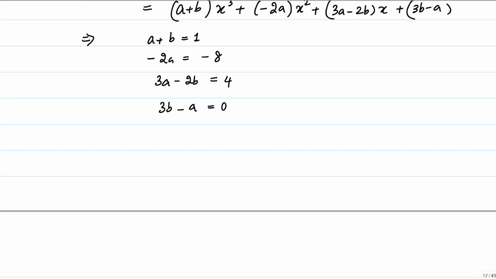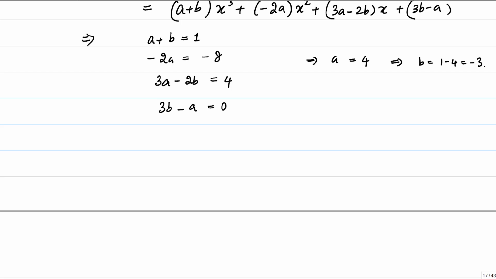Okay, so let's see. The second equation, minus 2a is equal to minus 8, implies a is equal to minus 8 by minus 2, which is equal to 4, and a plus b is equal to 1 implies b is equal to 1 minus 4, which is equal to minus 3.